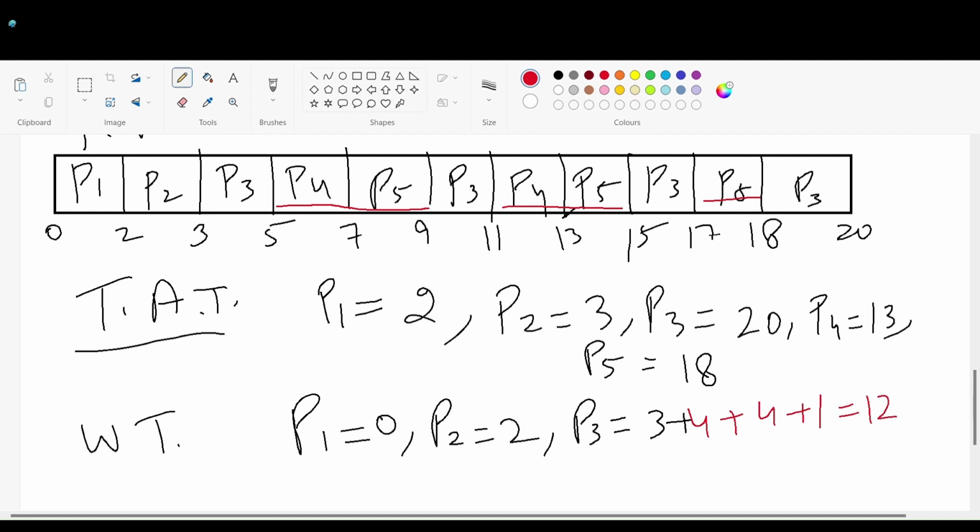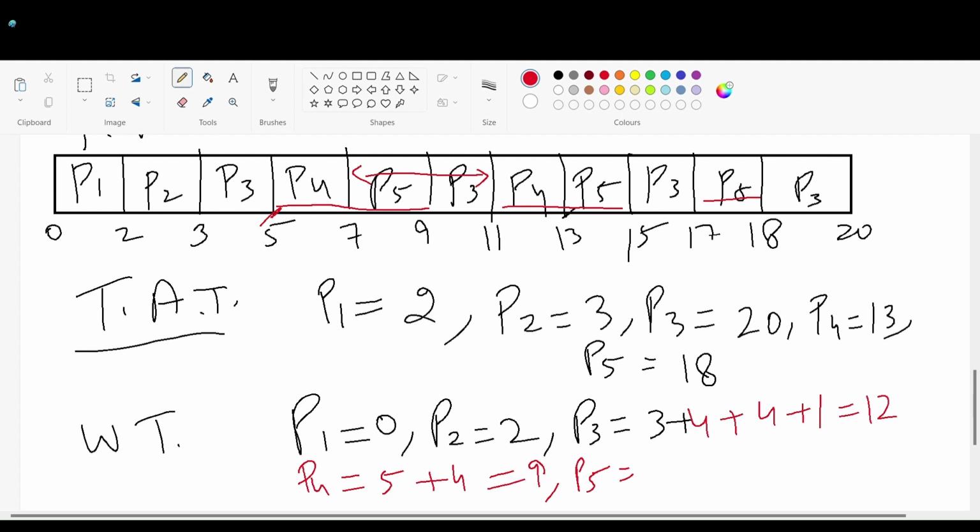So 12 is the waiting time for P3, because P3 doesn't finish yet. So all the waiting time you have to calculate, right? P4, what is the waiting time for P4? P4 is 5, but it doesn't finish yet. From 7 to 11, also waits. So 7 to 11 is 4. So total waiting time for P4 is 9.